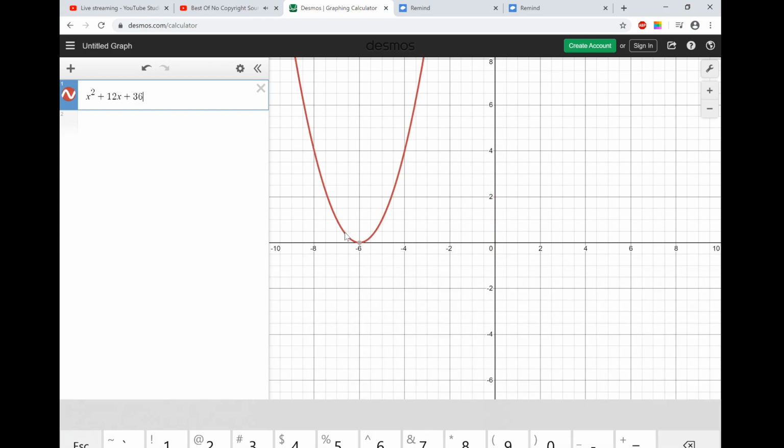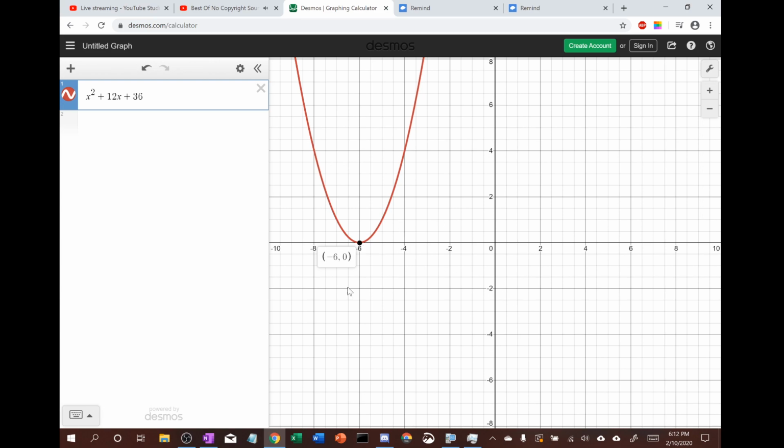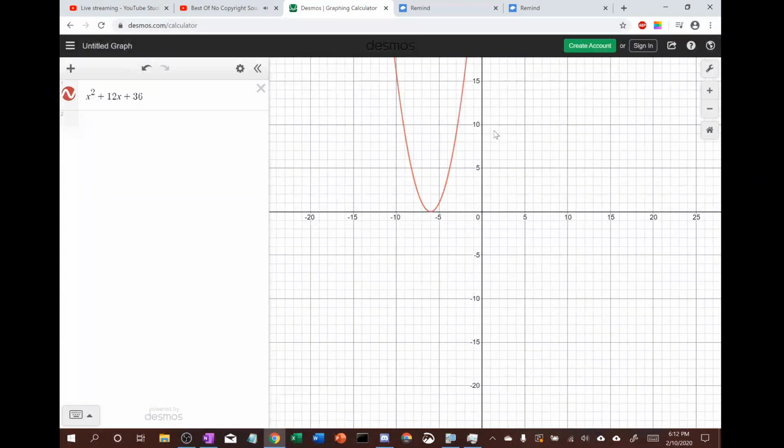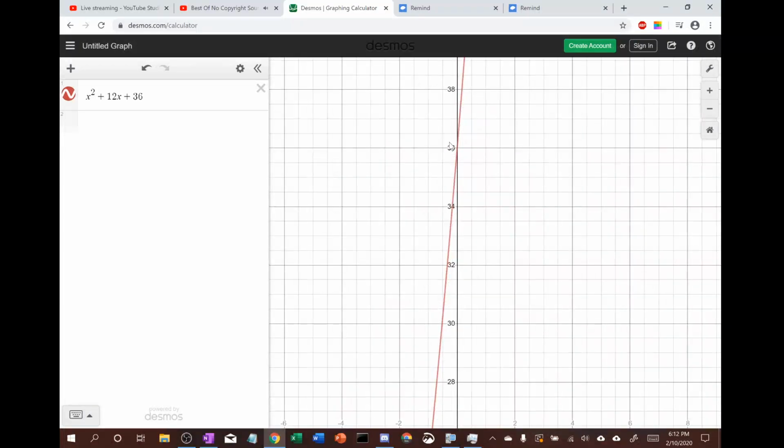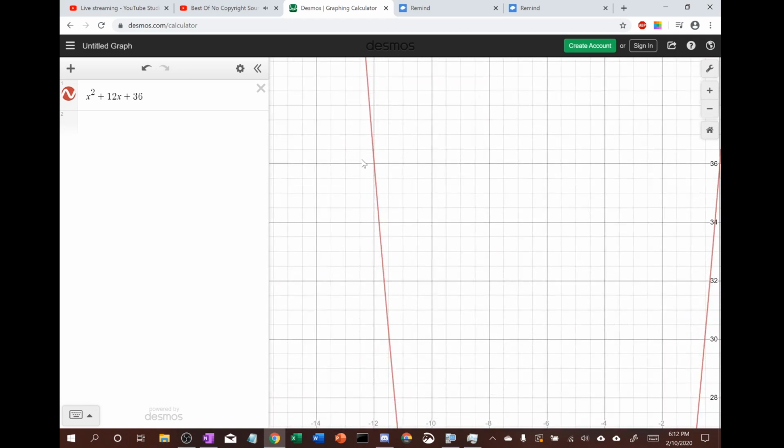Let's analyze this. So we verify there that the vertex and the x-intercepts are all -6. But let's zoom out and go check out this y-intercept here. The y-intercept is at 0, 36, and let's see what the reflected point is.